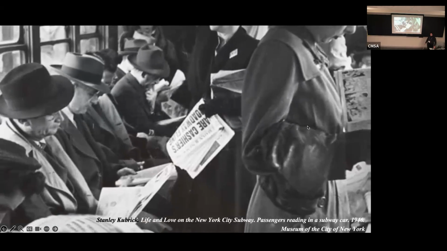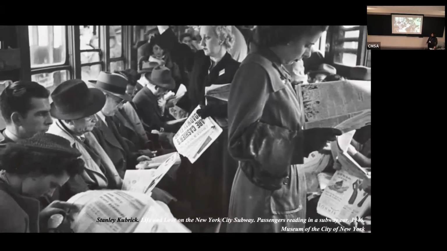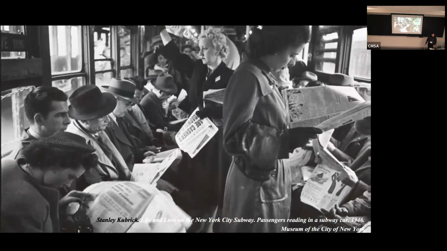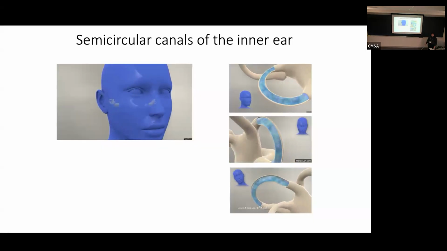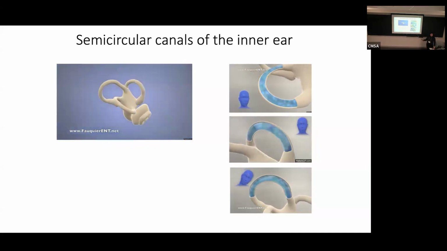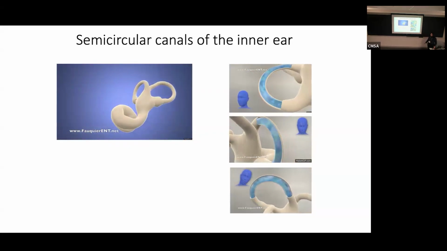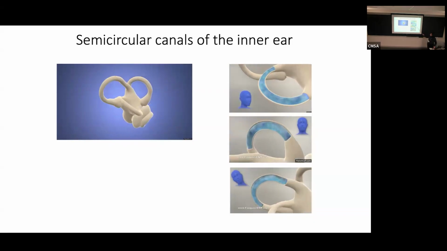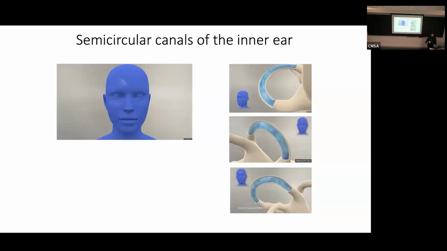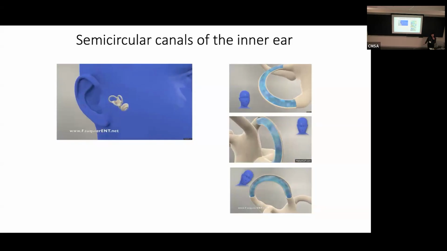So I like to start with this picture as it shows our ability to balance, even maintain straight gaze in a moving vehicle. And this is because we all have these three tubes in our inner ear, in our vestibular system. These are the semicircular canals. The salty fluid shown here in blue, called the endolymph, moves through the tubes when our head rotates.